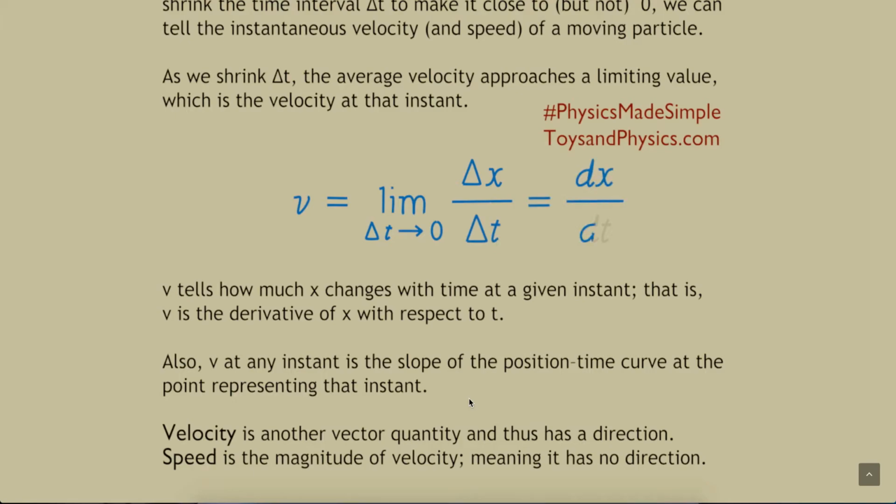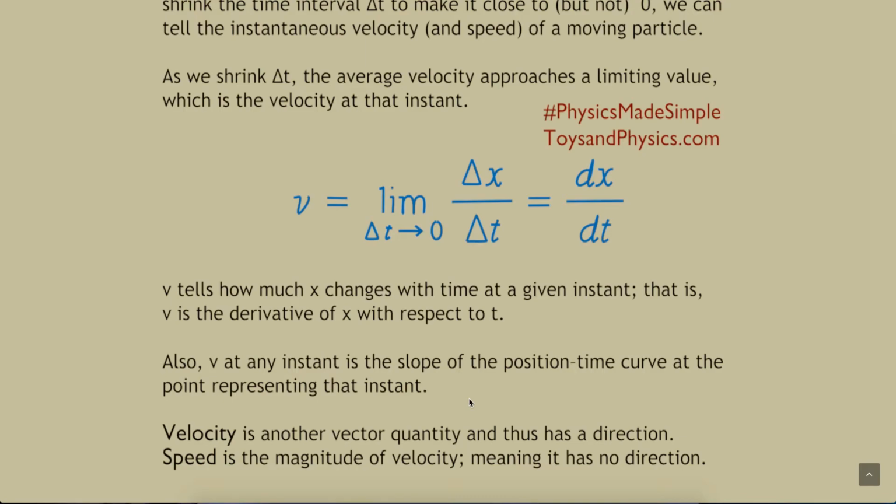Every single point of that curve has a slope, and every point represents an instant, because that point happens at a specific instant of the position-time curve. So the slope at that point represents the instantaneous velocity of the particle moving at that instant.